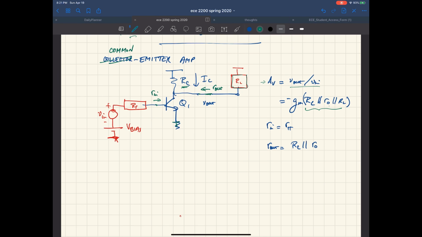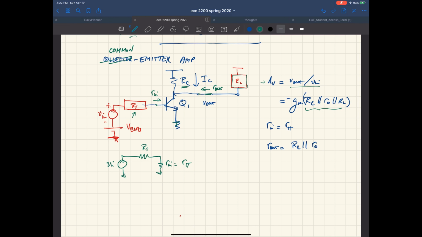The reason that's important is because when your source has a series resistance, which is typically the case, the input to the amp isn't V in, it is V in attenuated by R sub S and R sub pi.